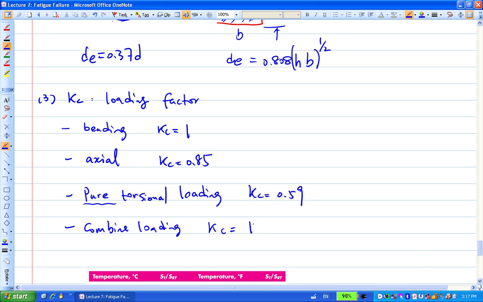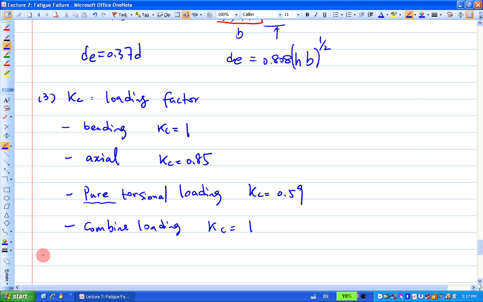All right, so that's the loading factor. And now the temperature factor. Those factors are very easy to understand here.